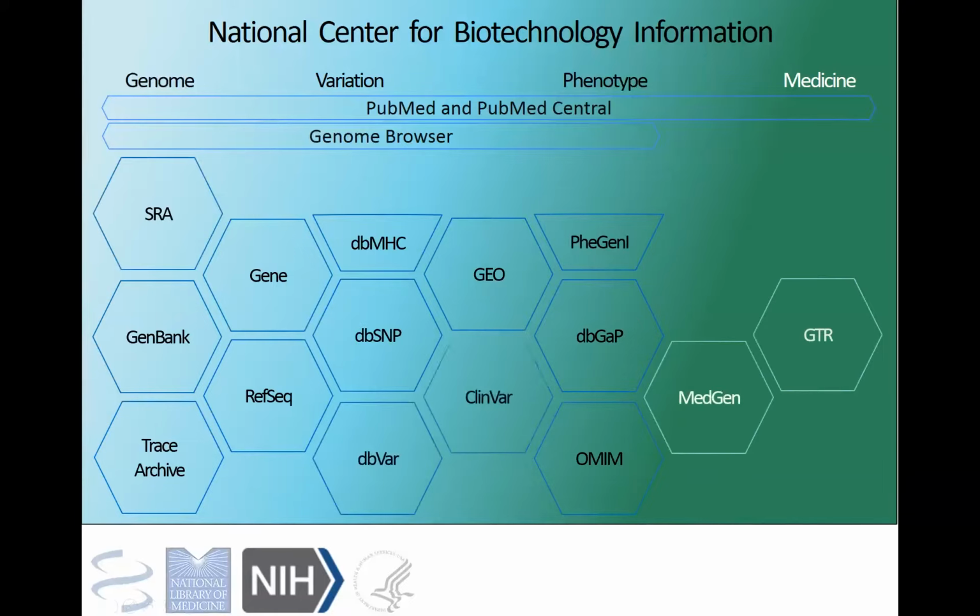And then in the intervening years after that, a Sequence Read Archive was developed at NCBI to house next-gen sequencing. MedGen, which is a resource devoted to medical genetics nomenclatures, and then the GTR, which is the Genetic Testing Registry, which really goes into the domain of medicine at that point. That's just to orient you to where dbGaP is at NCBI.